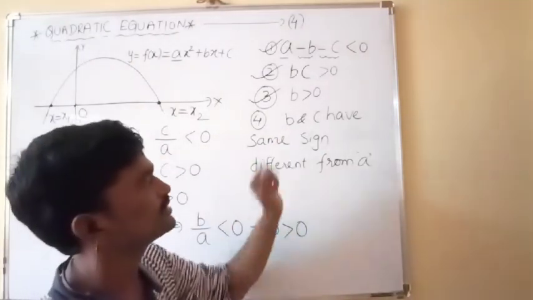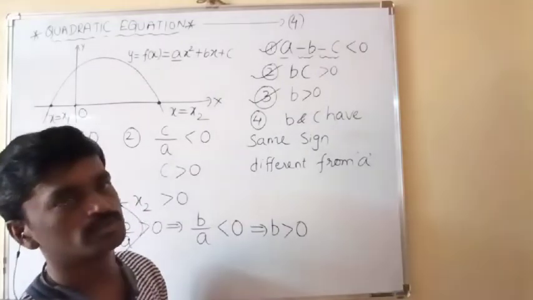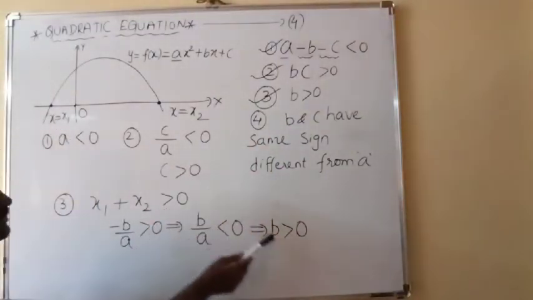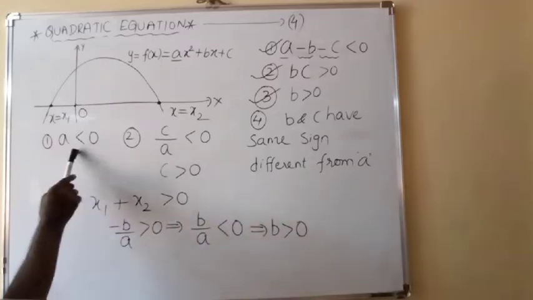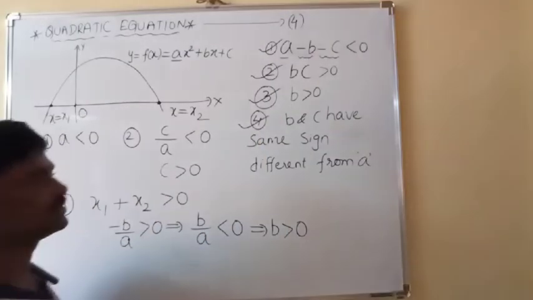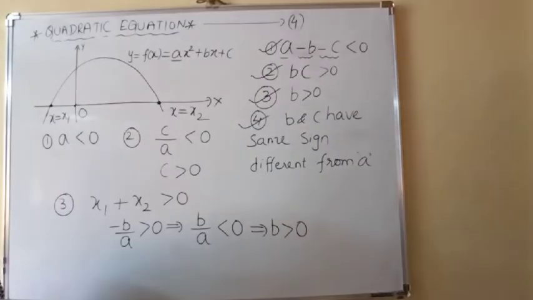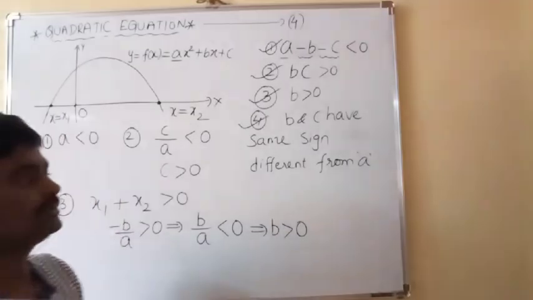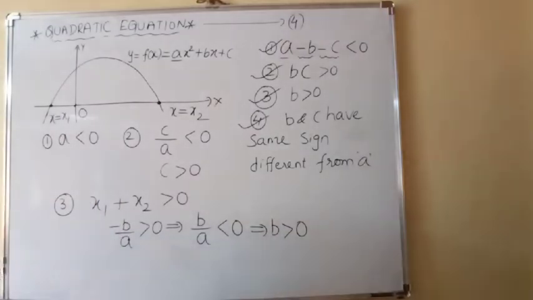If B and C are negative, A must be positive according to the fourth option. So both B and C are of the same sign, and it is different from A. Therefore, option 4 is also correct. The sign of A is different from B and C. Thus all 4 options are correct.